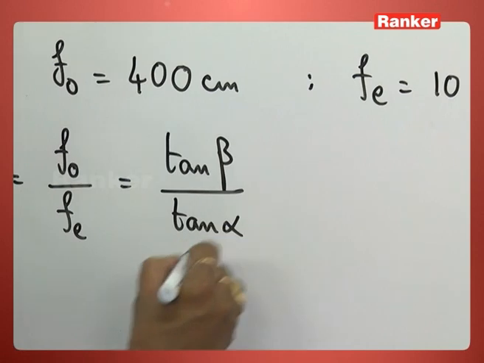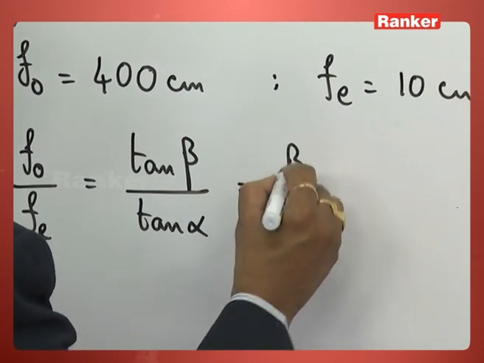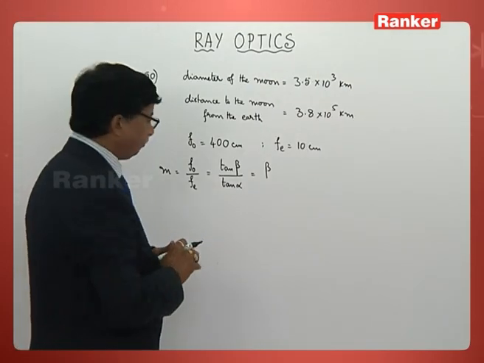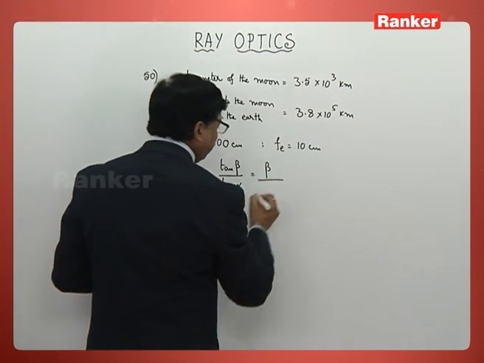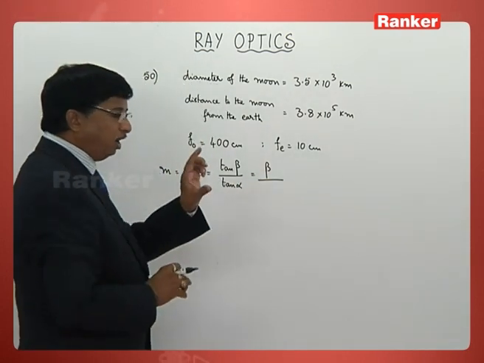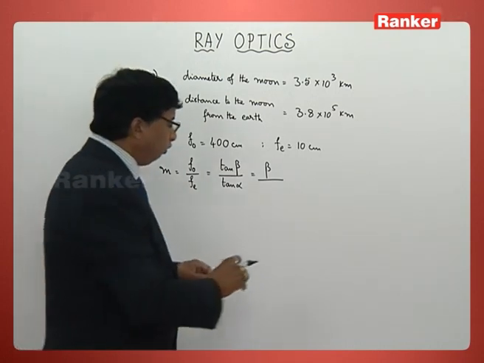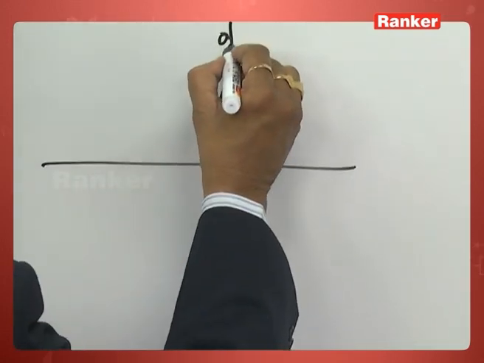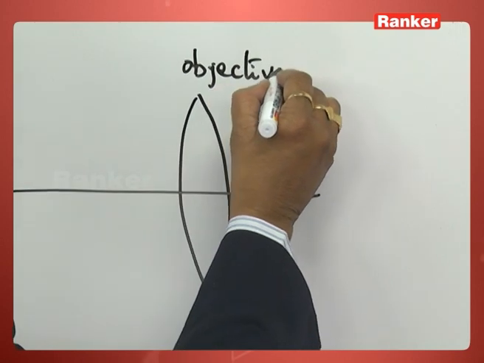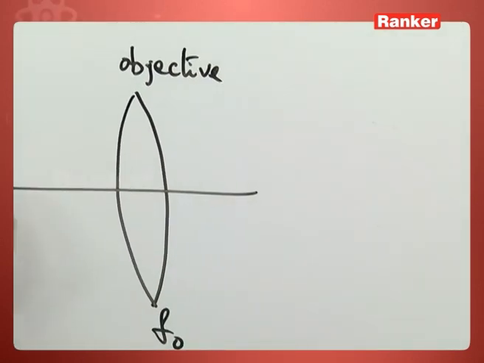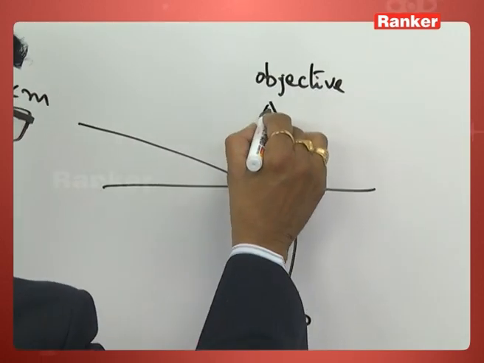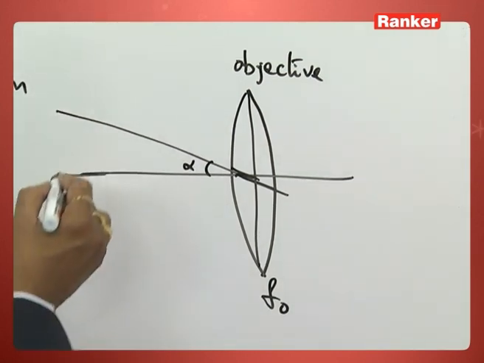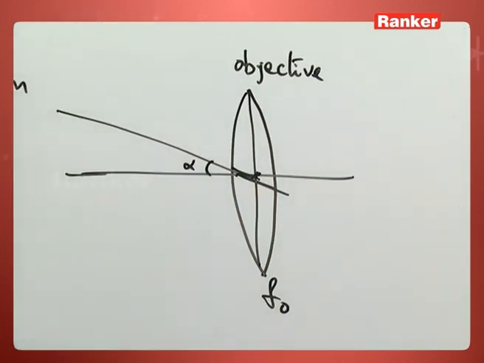I have already told you this point earlier. This can be written as beta by alpha also when alpha and beta are very small. But I write it as beta by tan alpha. When you consider the objective, the first lens having focal length FO, with the object at infinity, alpha is the angle made by the object at the center of the objective.